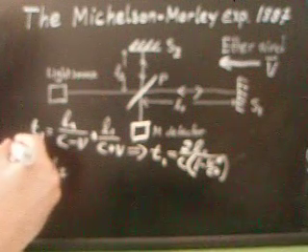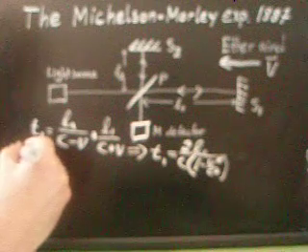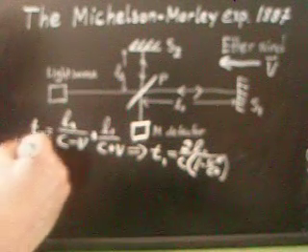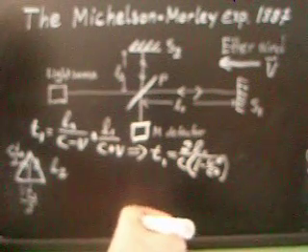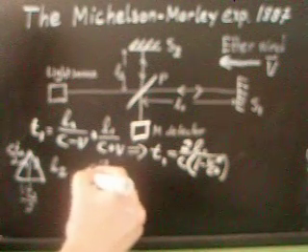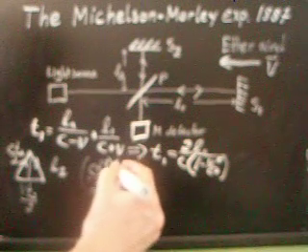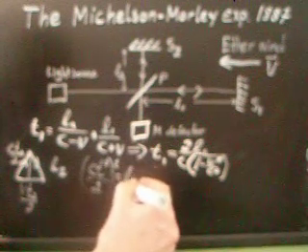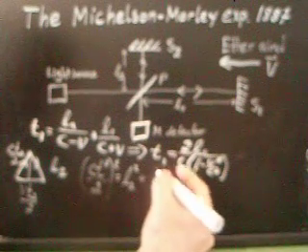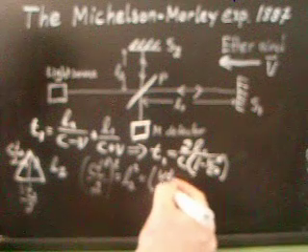The hypotenuse will be cT2 divided by 2. And by using the theorem of Pythagoras, we get cT2 divided by 2 squared equal to L2 squared plus vT2 divided by 2 squared.